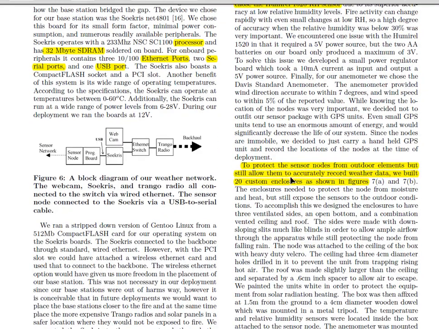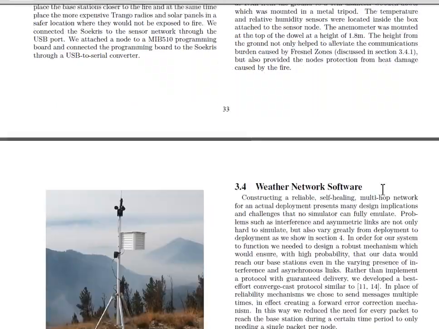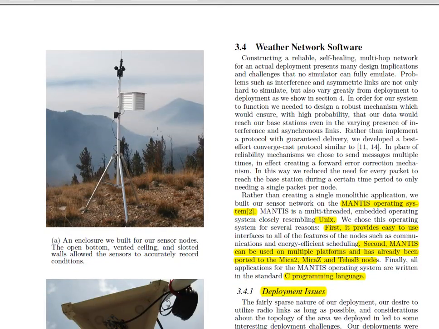And also to protect the sensor node from the outdoor elements, but still allow them to accurately record the weather data, they built an enclosure, all right, as you can see in figure 7A and 7B. They use the enclosure to cover the sensors.